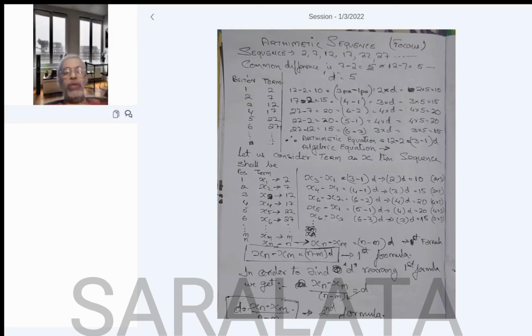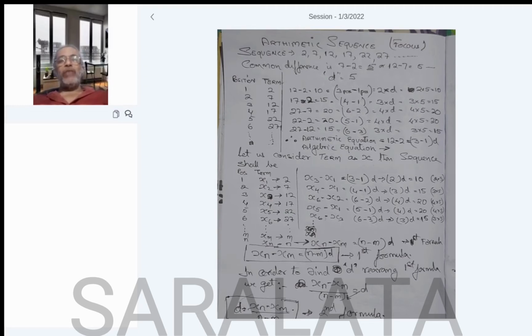Now here, let's take 12 minus 2. The 12 stands in the third position, and the 2 stands in position 1. So 12 minus 2 is 10. If I look at the third position and the first position, 3 minus 1 gives 2, which is 2 into the common difference of 5.